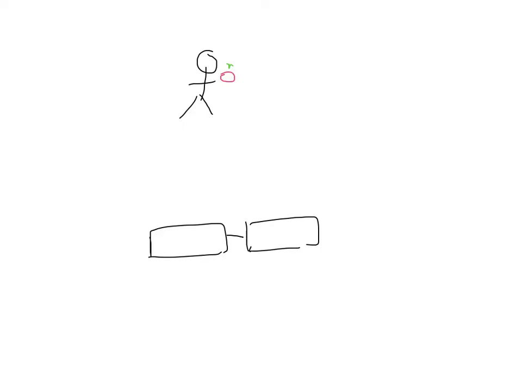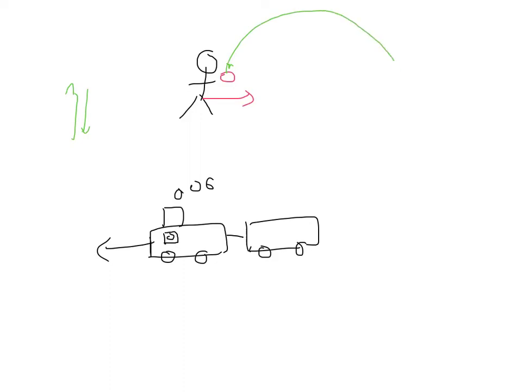Yes, I know, I draw amazing trains. Okay, so here's my train going this way, and according to a guy that's on the train, well, he is still, right, according to himself, so I'm the one who's moving, and I'm moving this way. So what's the apple doing? Well, the apple's not doing this anymore, but it's doing this now, right?